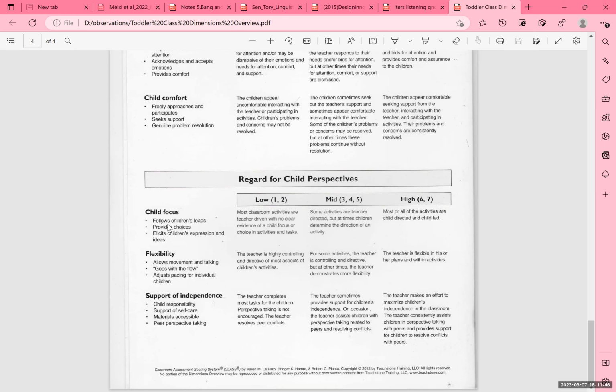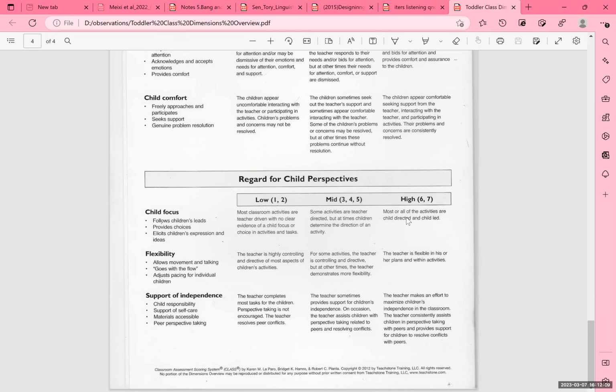So, are the teachers following the children's lead? Are they providing choices or eliciting children's expressions and ideas? If yes, then those teachers are showing that they are child focused. Your second job is to figure out if this is on a low, mid, or high quality level.